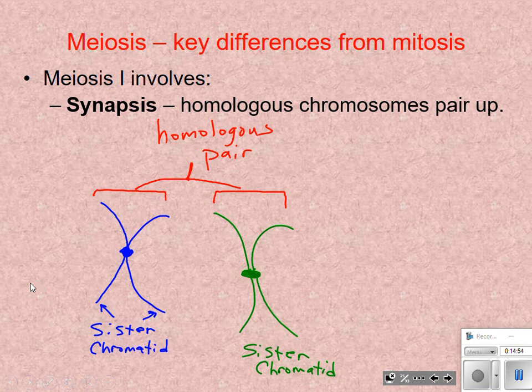So that's just a little bit of a review. And that on page 9 is important to know the difference, because you can see that in meiosis and mitosis, whether they're lined up as homologous chromosomes or whether they're lined up as sister chromatids, it makes a difference, doesn't it? It makes a difference.